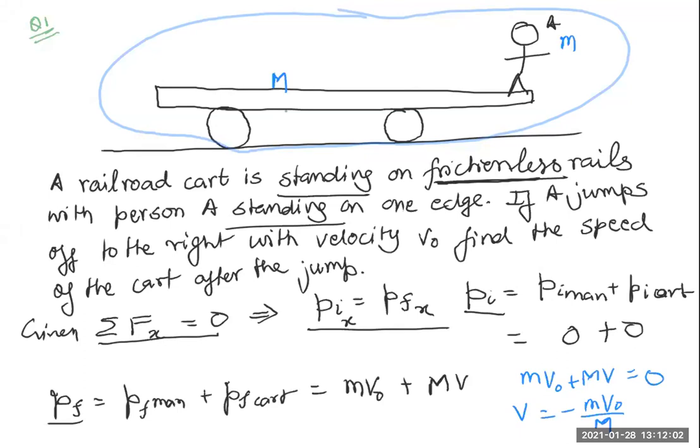And now we move on to questions which have complexity, but only involve the application of law of conservation of momentum. So the next question is, repeat the previous question.